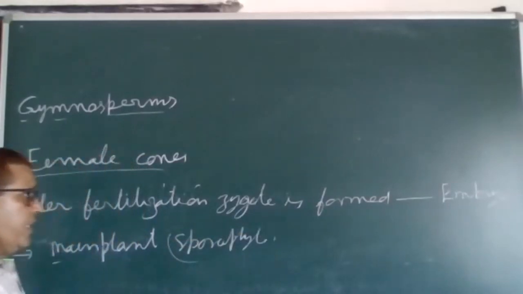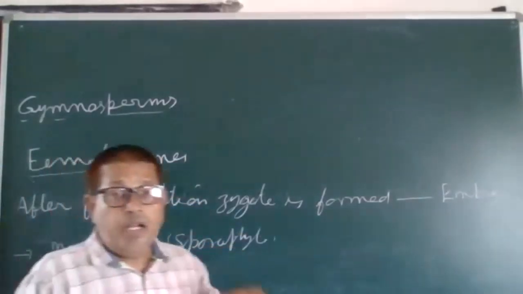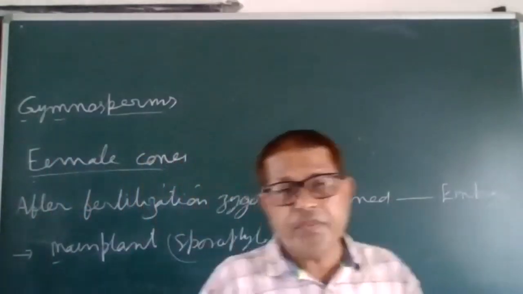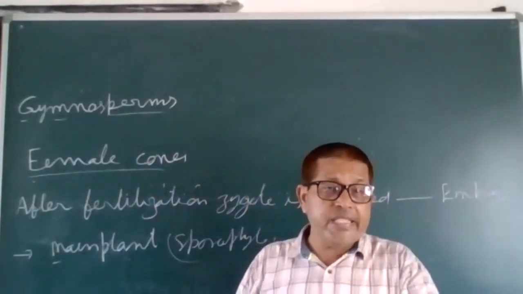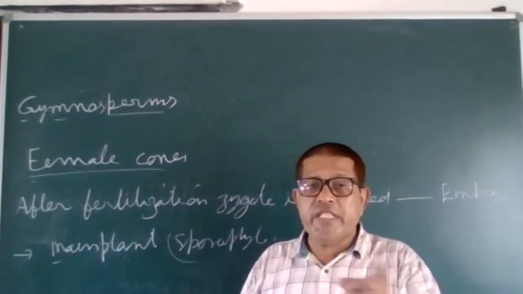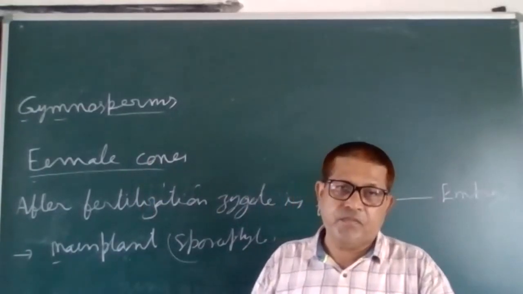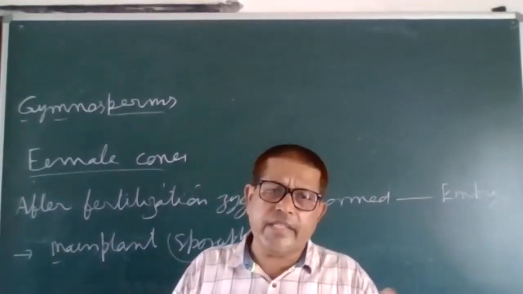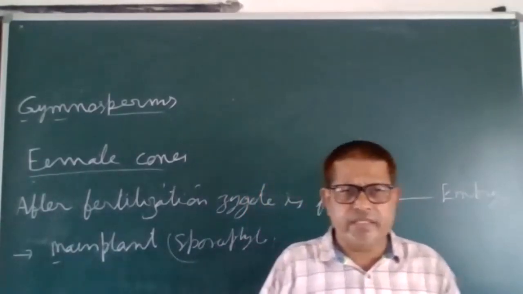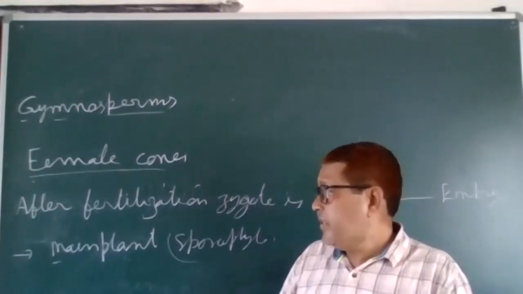One important thing is there: the embryo is produced here, and it takes nutrition. For the nutrition, there is endosperm. But in this case, endosperm is haploid. In other cases, endosperms are triploid.